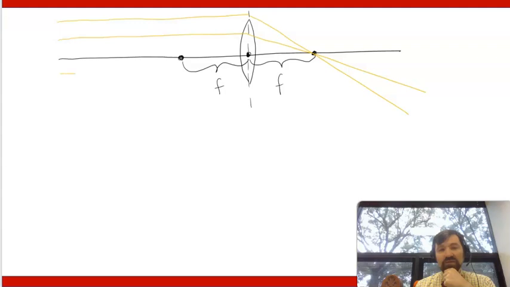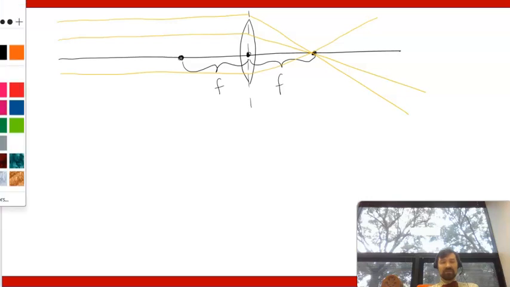And I can draw as many rays as I want. By and large, my assumption is that this is a good focal point, meaning the rays are all basically just going to pass through that same focal point. And so that defines the focal point. Now you may notice that I've got two of these focal points.